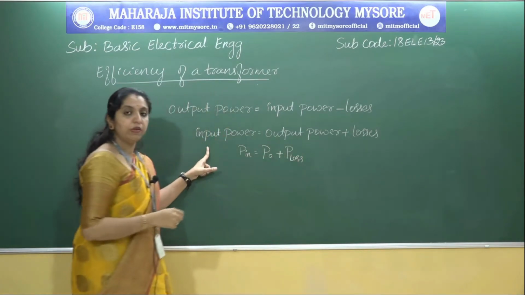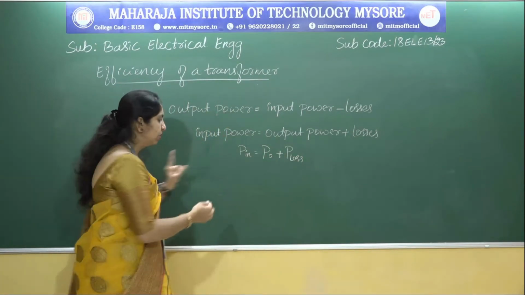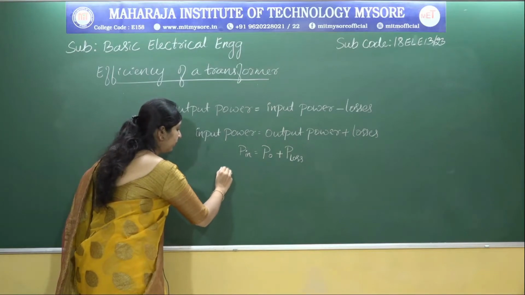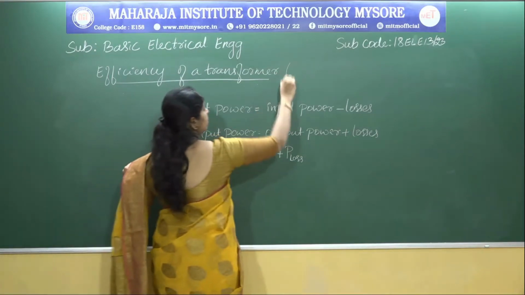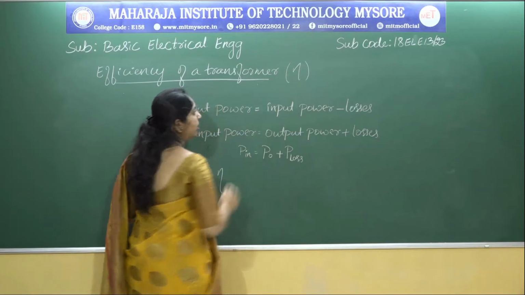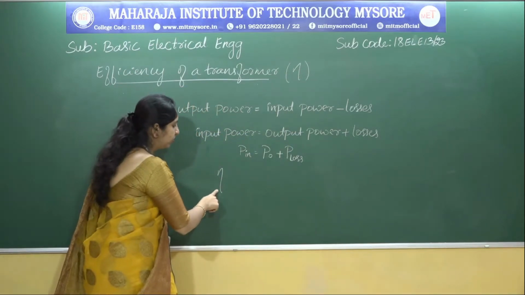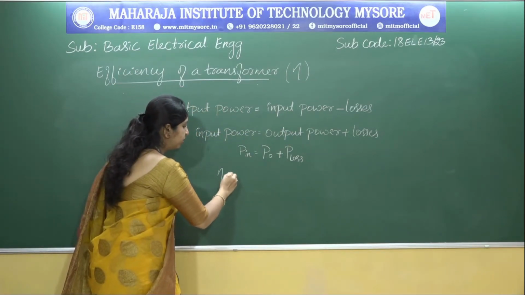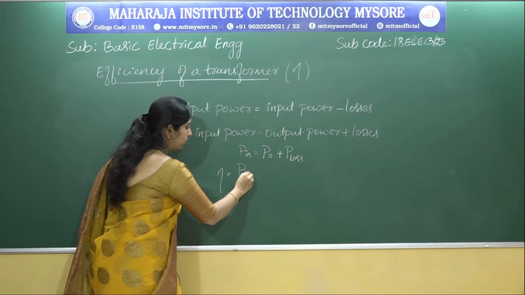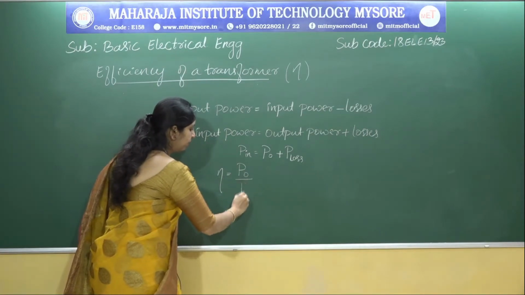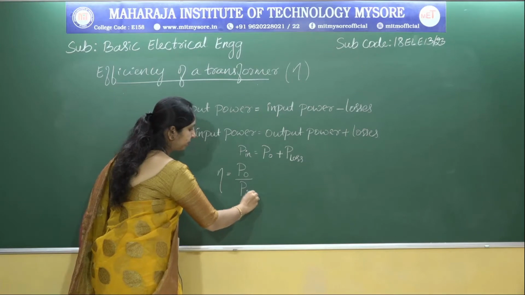Now how do we define efficiency of any system? Efficiency is always denoted by eta. Efficiency of a transformer is nothing but the ratio of output power to input power.